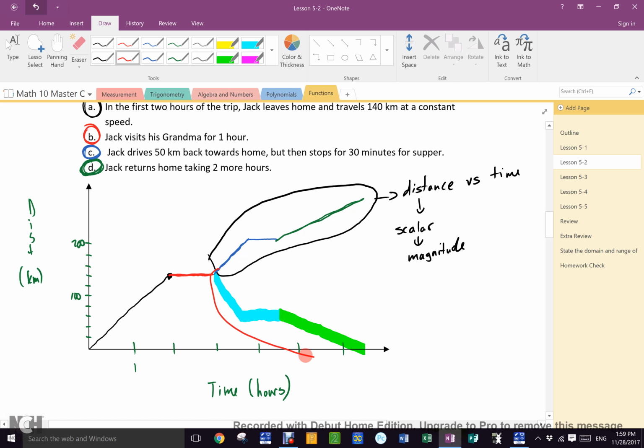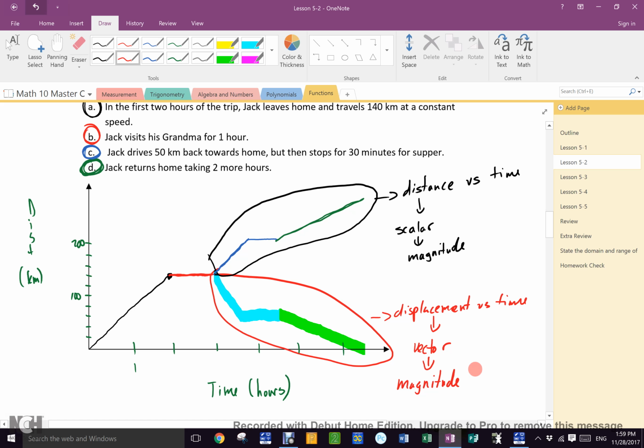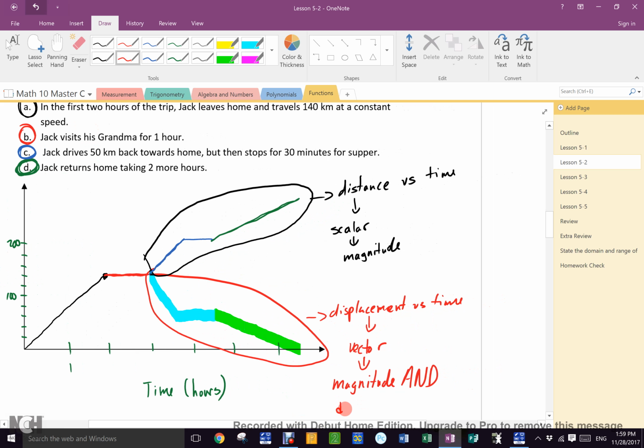This one down here is what we call displacement versus time. Because displacement is a vector, which means it has a magnitude just like distance, but it also has a direction.